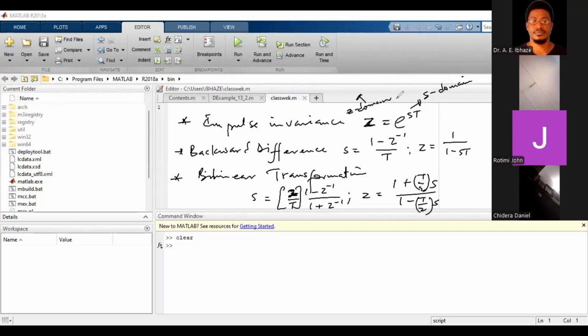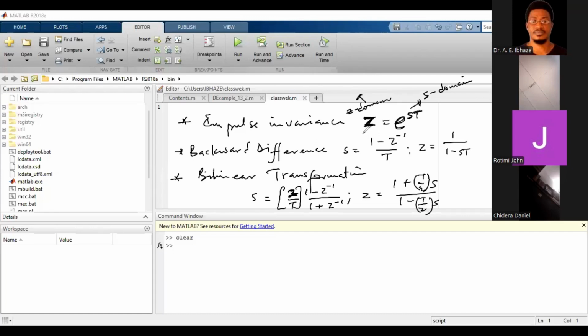Now, what we're trying to say is this: should we decide to design this kind of system, then we can do some kind of transformation. The transformation model here is that, given the discrete time domain signal, this transforms it to the S domain.